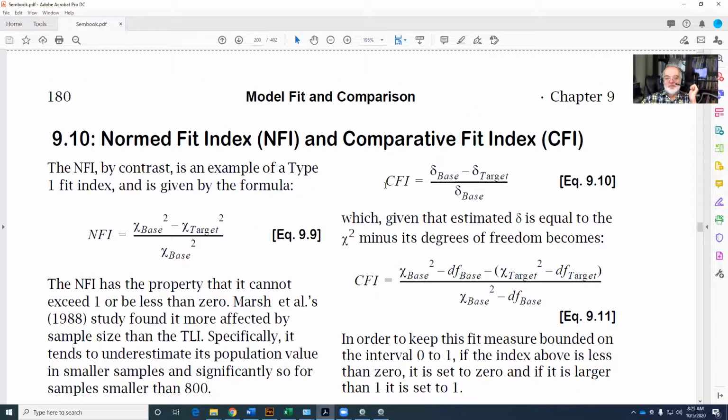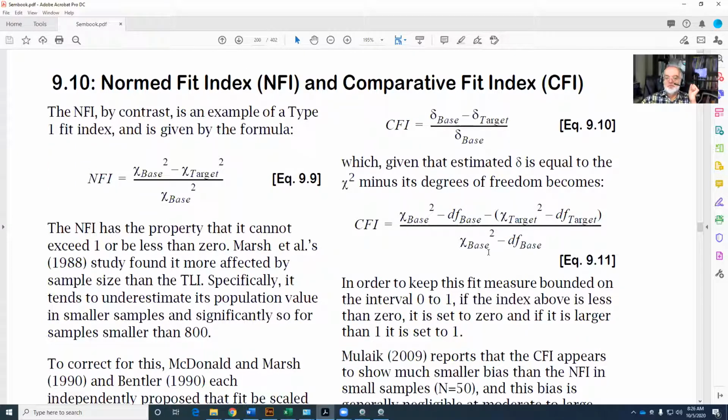And that gave birth to the CFI. And the CFI is, in terms of the non-centrality parameters, this formula, the base minus the target divided by the base. And because this delta is equal to the chi-square minus its degrees of freedom, this is another formula you can use for it.